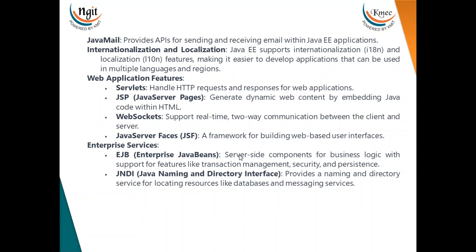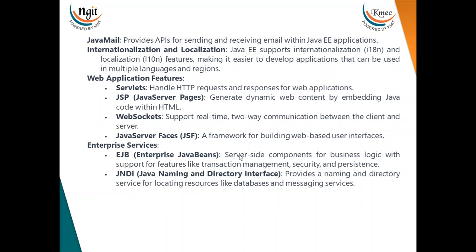For web application features, we have servlets, Java Server Pages, and web sockets. Java Server Pages we know. Web sockets provide real-time two-way communication between client and server. Enterprise services like Enterprise Java Beans are there, and these components consist of business logic.